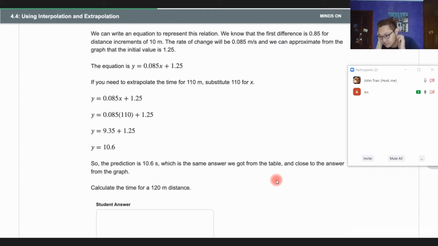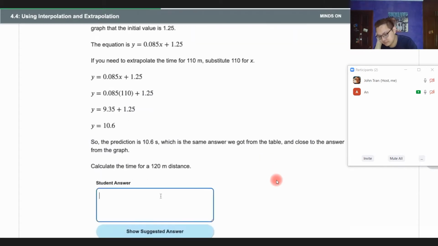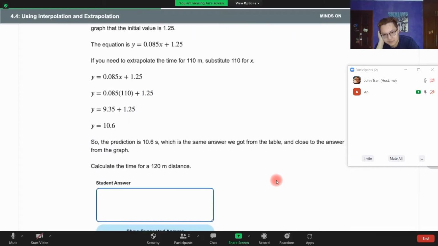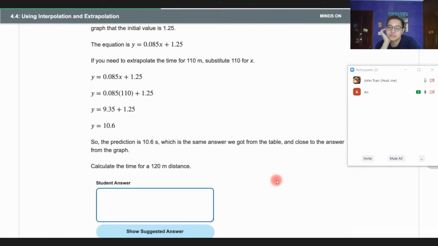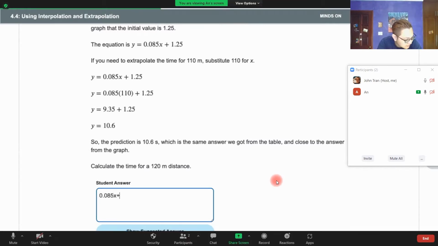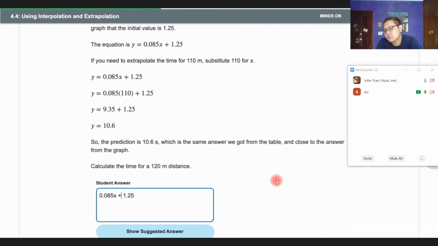The distance. It will be 0.085 times x plus 1.25. Then you substitute x for 120.